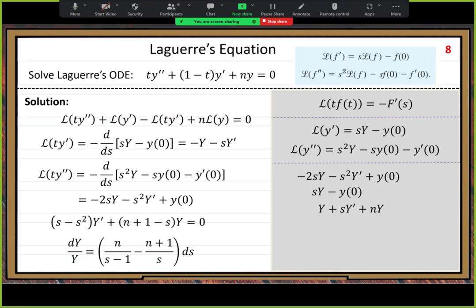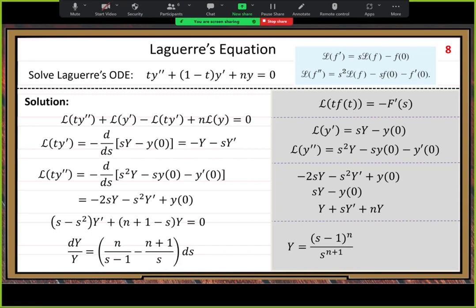So dY over Y, it is a separable ODE. We can find the solution easily. Here I just write the solution expression. Because you have a natural log, after the natural log you take e, and then you have this expression.